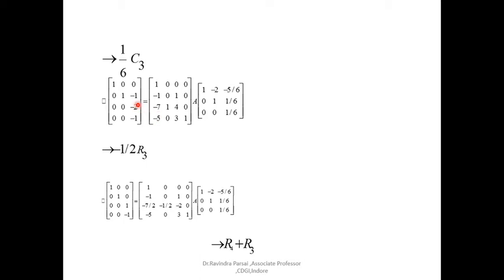So now with the help of this you are having 1 by 2 of R3, you are applying 1 by 2, that is minus 1, and this is to be 0 here, and this change is required.